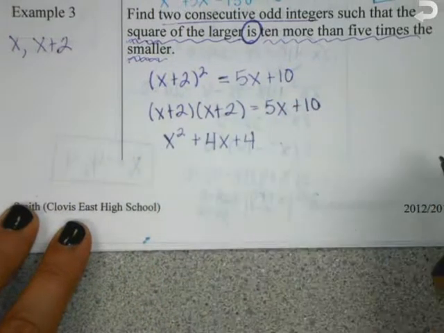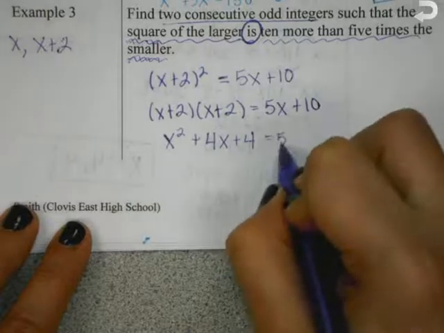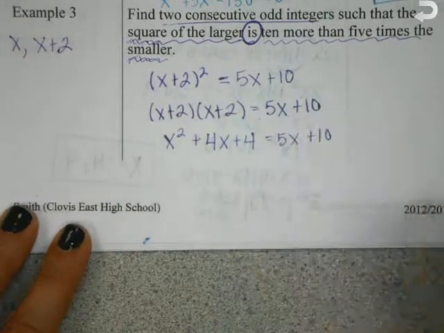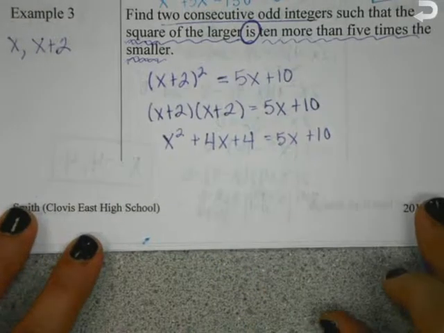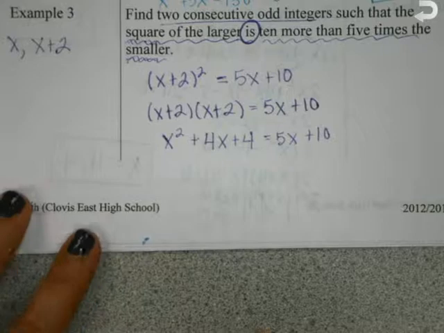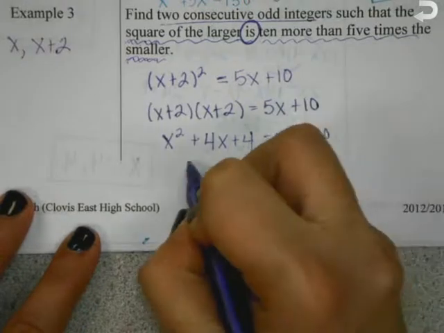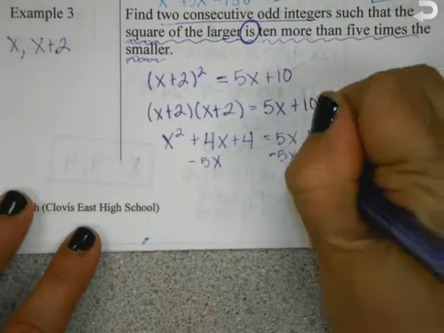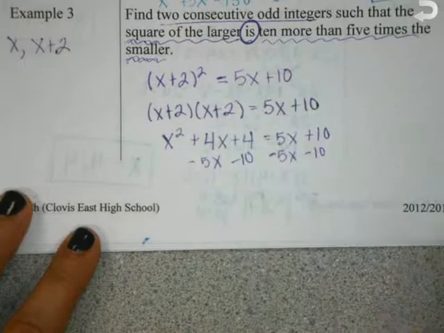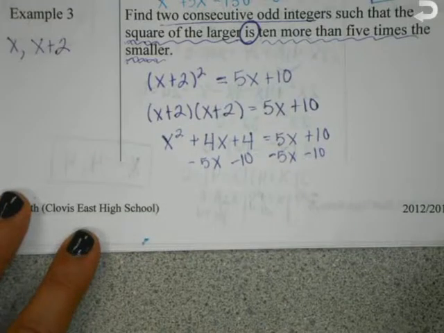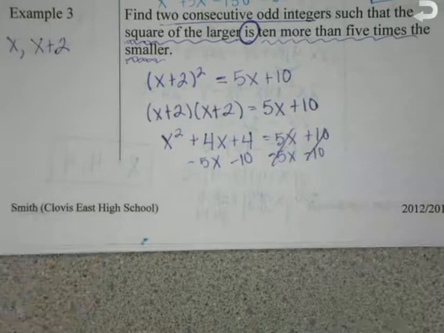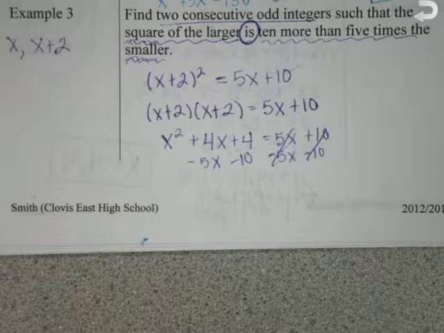And now we want to move everything to the other side. So let's subtract 5x. And is everybody okay with me subtracting 10 in the same step? So 5x and 10 I'm subtracting. So that gives me x squared minus x minus 6 equals 0.